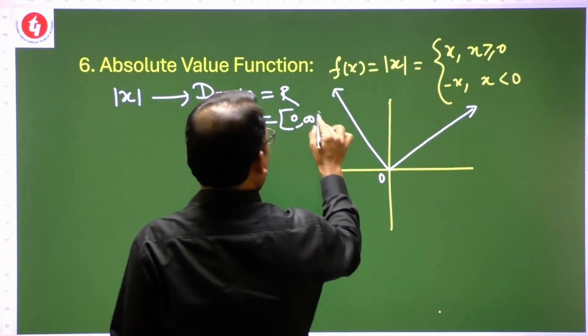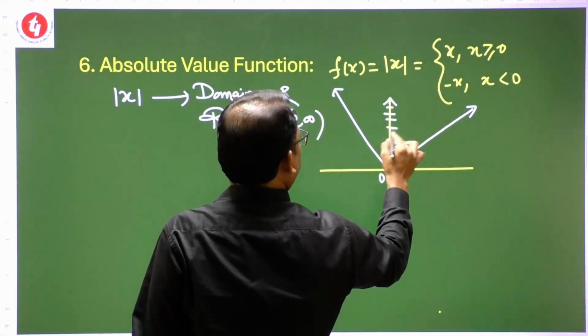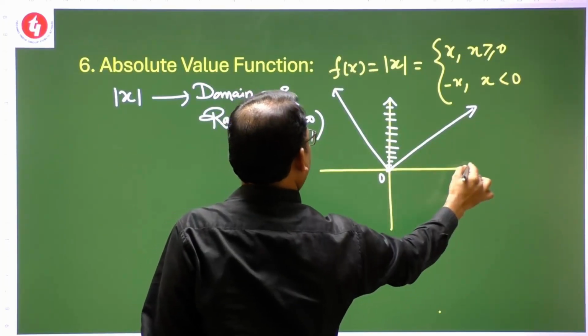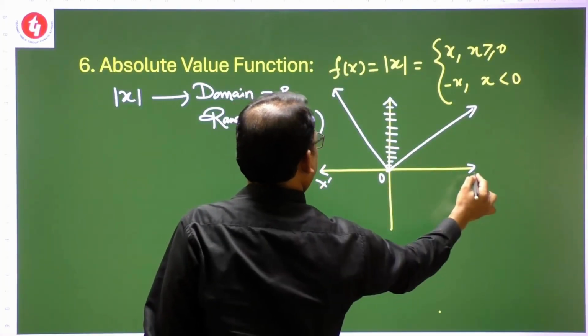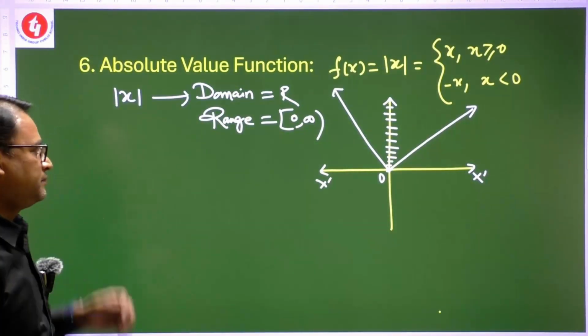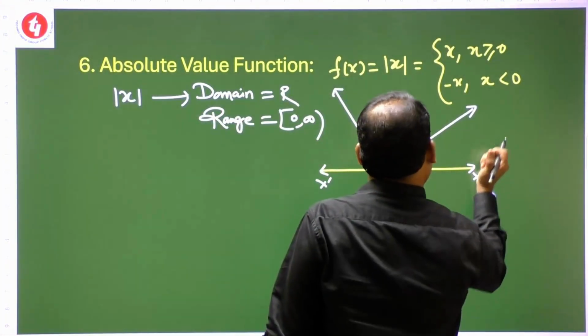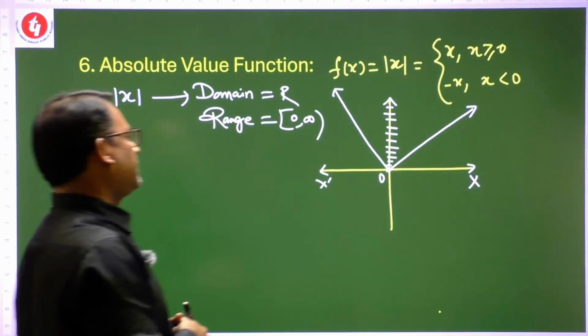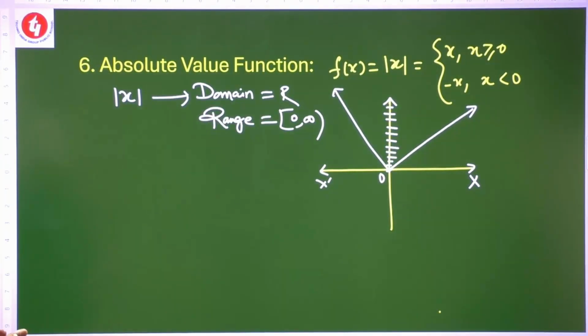This portion is the range above the x-axis including 0. It is known as the absolute value function. Domain is clear, range is clear, graph is clear, and this function is continuous also.